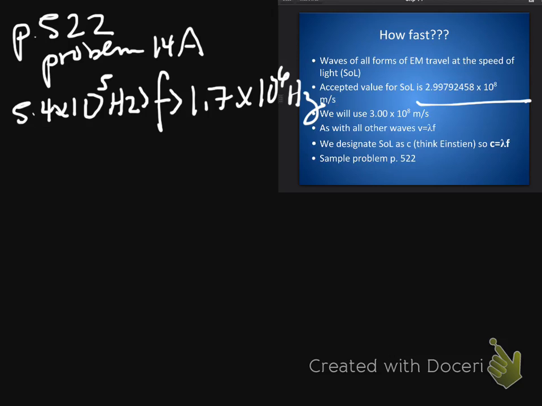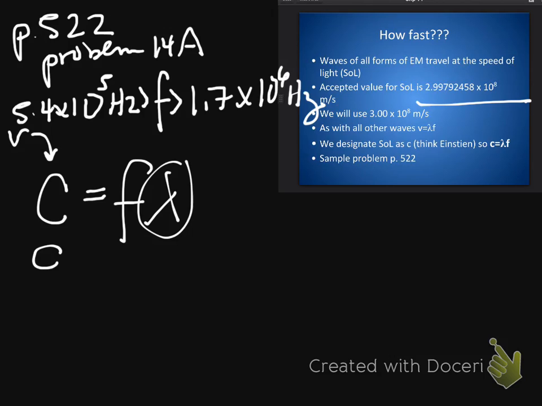So we are back to our old favorite, C equals lambda V, or lambda F. Our V has been replaced by a C because we're now talking about speed of light. So C equals frequency times wavelength, and we want to solve for wavelength. So C divided by F equals lambda.